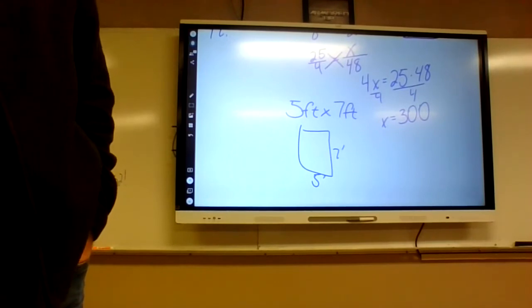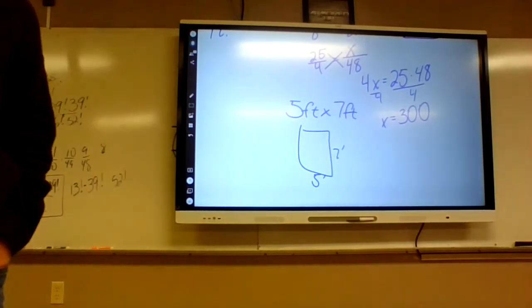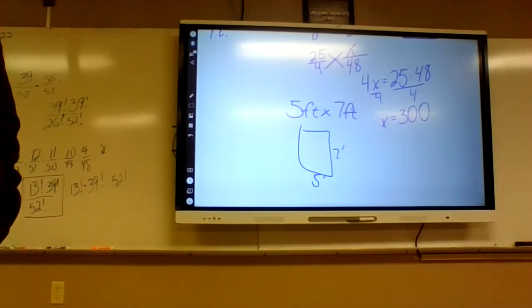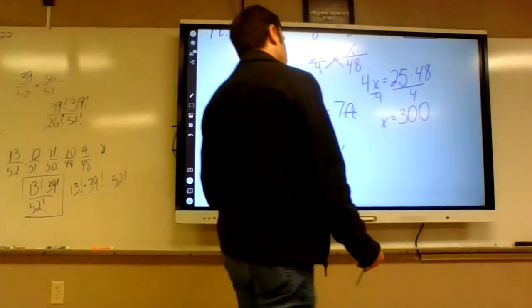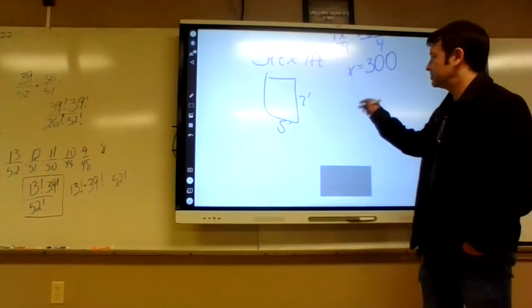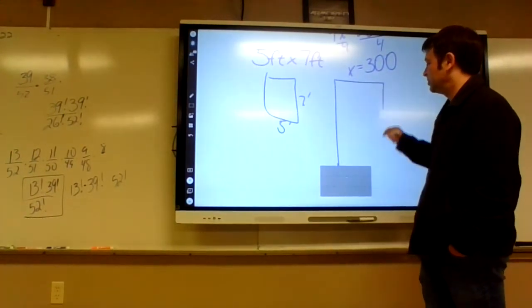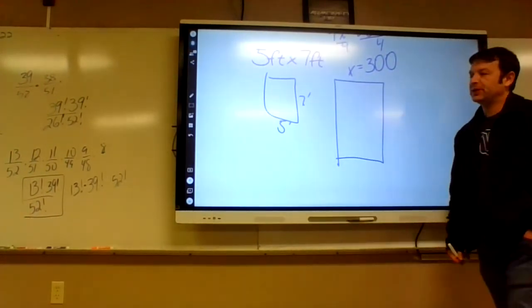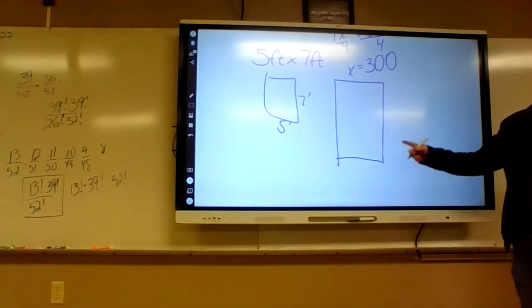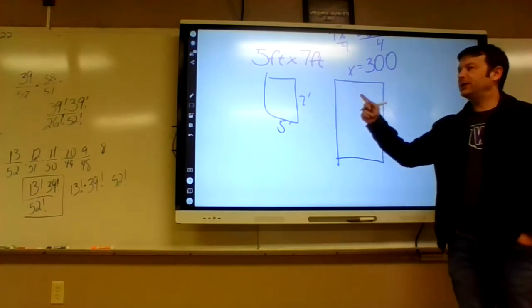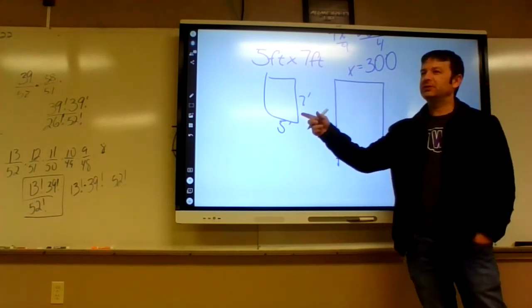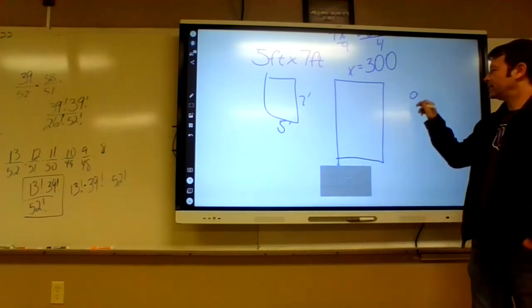rectangle. What are the dimensions of a similarly shaped garden that has 9 times the area? So we got a much bigger garden. It's 9 times the area. If this area is 9 times this area, what's the ratio of these two areas? 1 to 9, or 9 to 1, right?